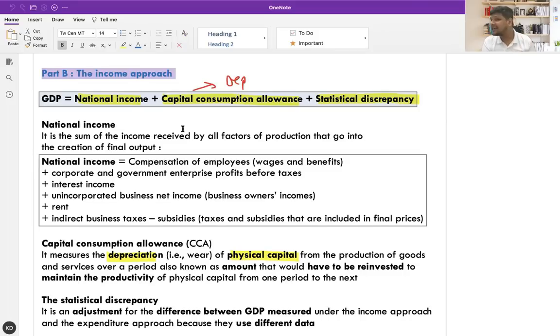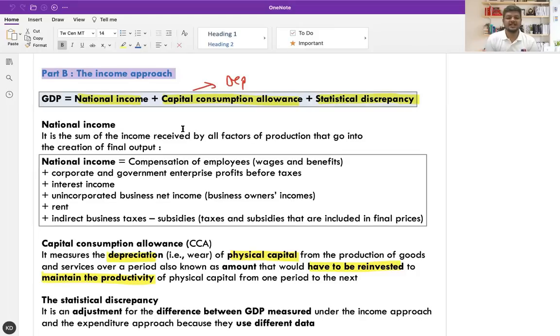The wear and tear of those particular assets is called the capital consumption allowance, which is nothing but depreciation. It is the amount that would have to be reinvested to maintain productivity. So for future production, you have to have some amount so that you can maintain this equipment and these resources. The provision you require for that is called the capital consumption allowance, which is nothing but depreciation. Clear?